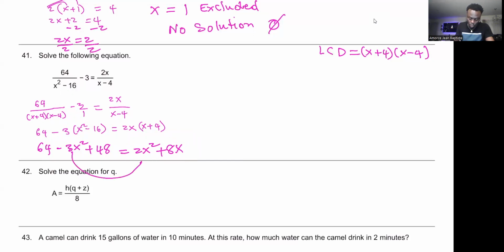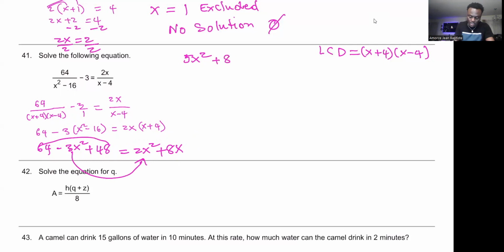So when I move this over here, it'll be plus 5x squared. And combine these two, 64 plus 48. 64 plus 48 is 112. So that is 112 and plus 8x.